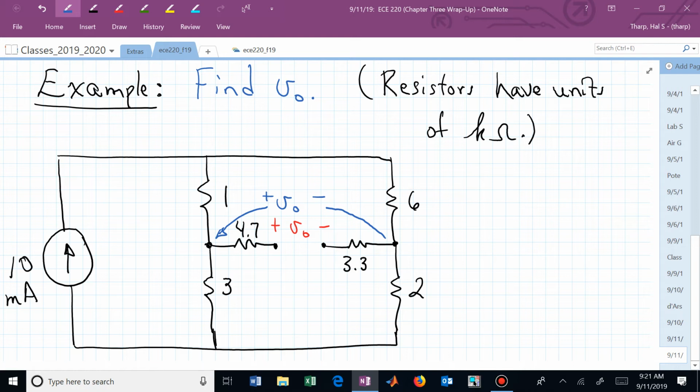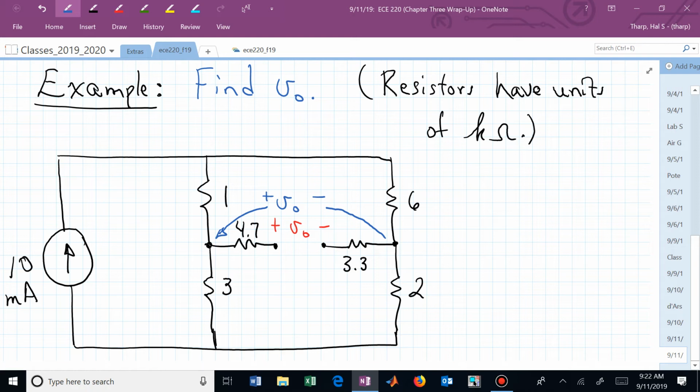Because if I connected something to the right side of that 4.7, then I'm effectively measuring the voltage on its left side, because there's no voltage dropped across that resistor. The same with 3.3. And you could write a KVL around that and see that minus V0 plus the 4.7K times 0 plus V sub 0 plus 3.3K times 0 is equal to 0, and the V0s are equal.